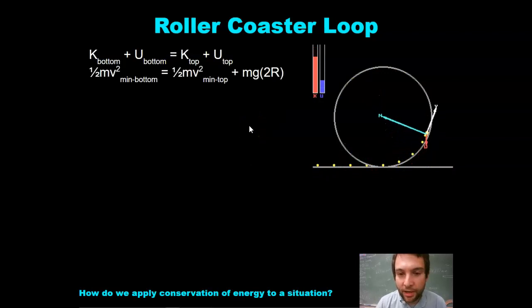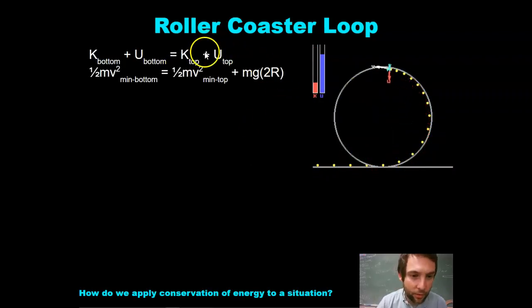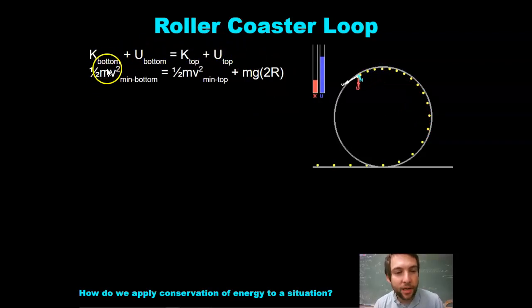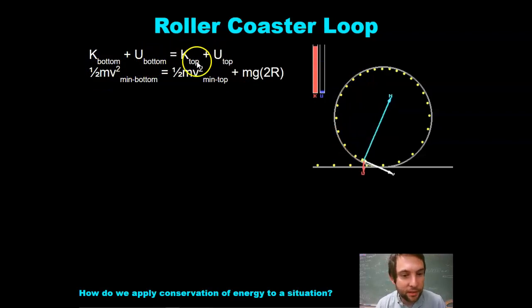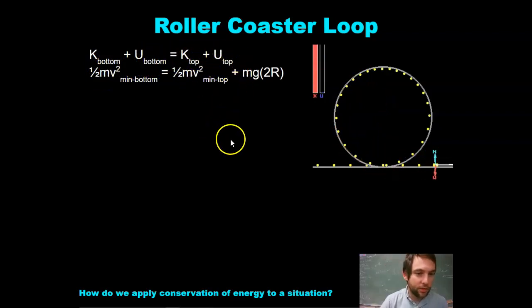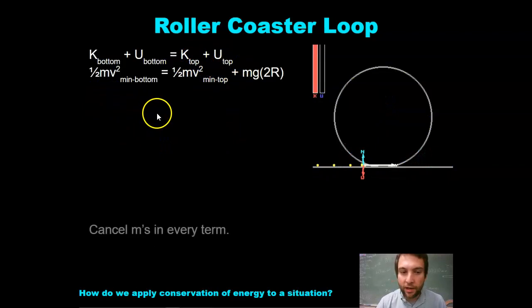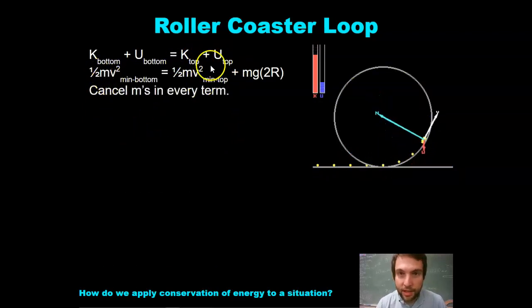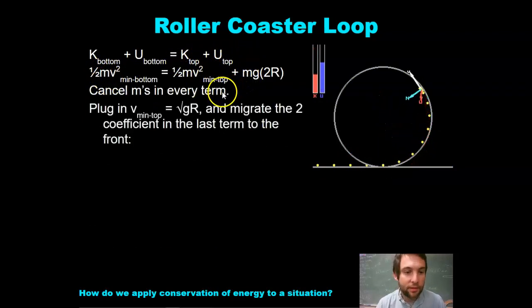Alright, so looking at our kinetic energy and gravitational potential energies in our equation, we have at the bottom no gravitational potential energy, and at the top we have a nice, delicious mixture of the two. So we have mass canceling out again.